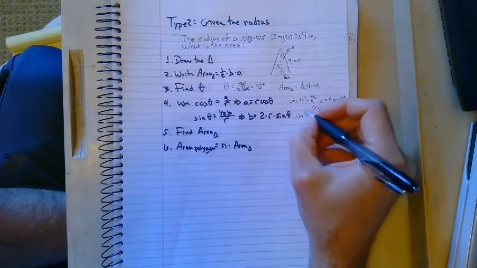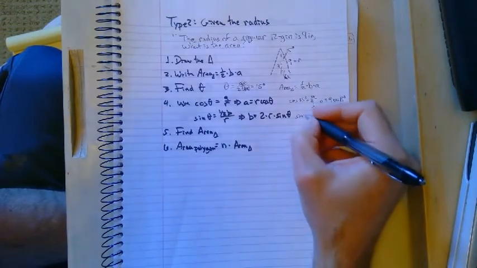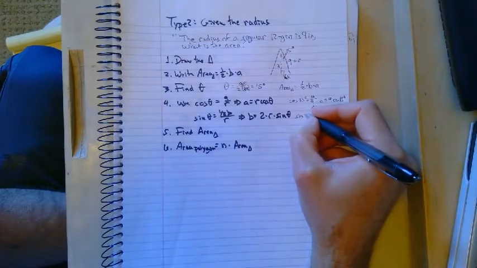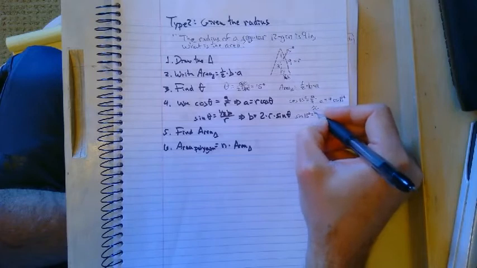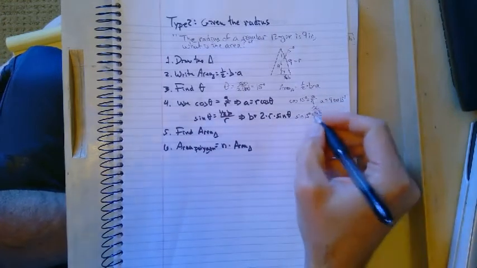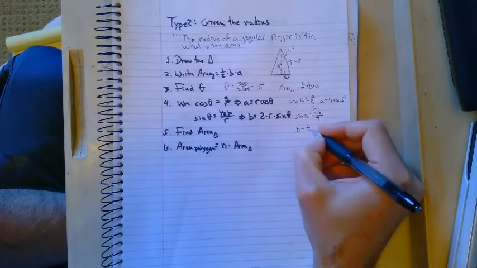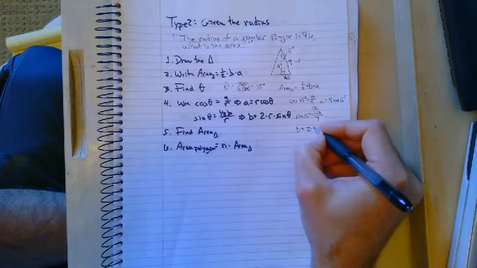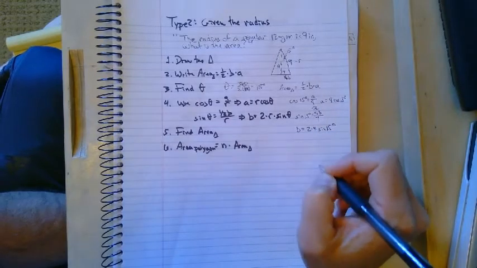I also need to find, so that's my A, I also need the B for the formula. So the sine of 15 degrees is half of the B divided by the R, which was 9, and that tells me then that B is going to work out to be 2 times 9 times the sine of 15 degrees.